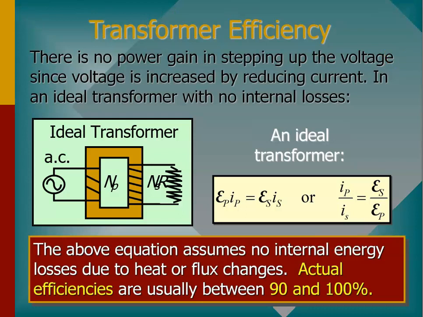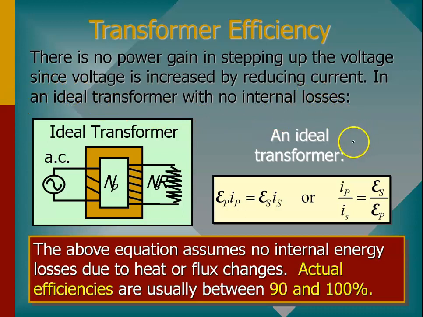Similar to circuits, there is no point talking about circuits when we don't talk about power. Similarly with a transformer, there is no point building a transformer when we don't talk about the efficiency of the transformer. So what is the efficiency of a transformer?